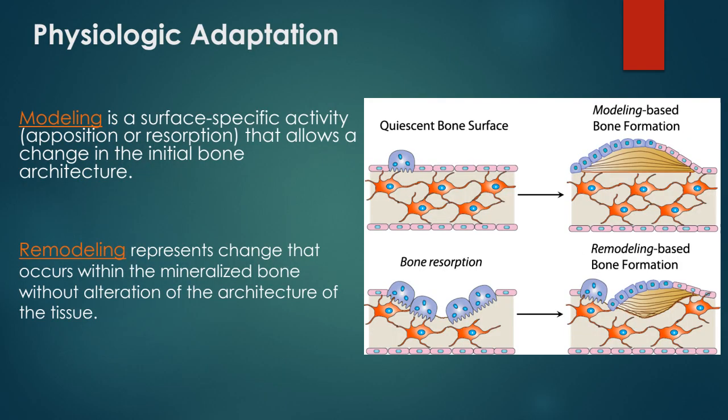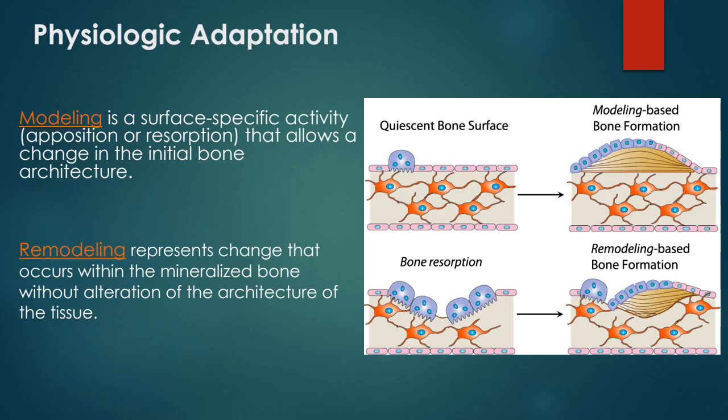So bone is a living tissue. It's in constant remodeling within the body itself, and this remodeling occurs due to systemic factors, hormonal factors, environmental factors, and physical factors that affect its shape.